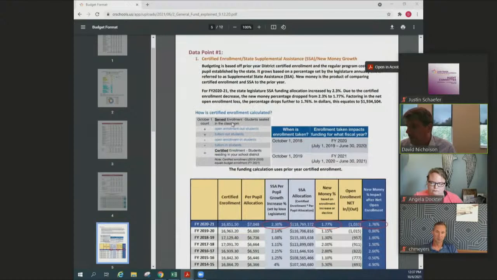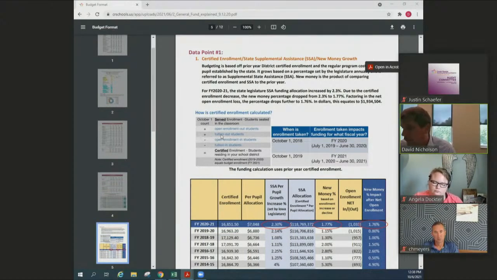It takes into account your served students, and it includes our students that are open enrolled out to other school districts. We still count them, but then we get the money and have to turn around and pay it out to another school. But while they're still on our coffers, we count them.